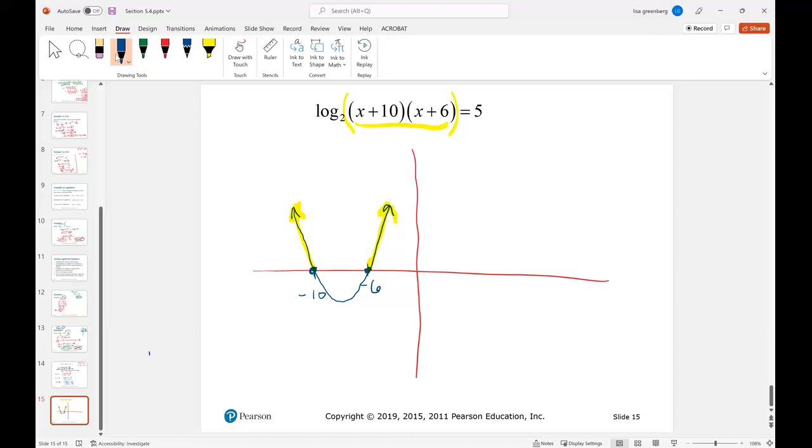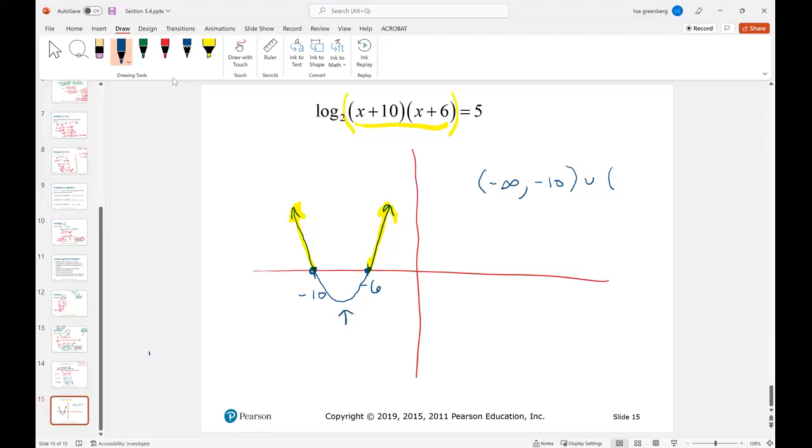So looking at this, I can see that from negative infinity all the way to -10, not including -10, because that's 0 and we can't take the log of 0, union, and we have to leave out all this here because this is all negative.